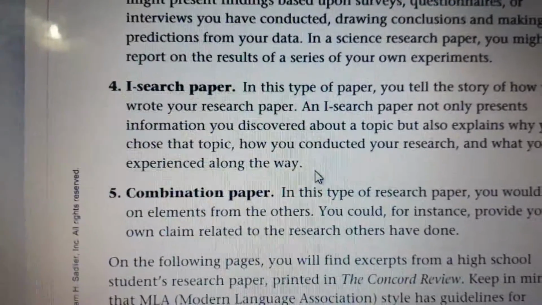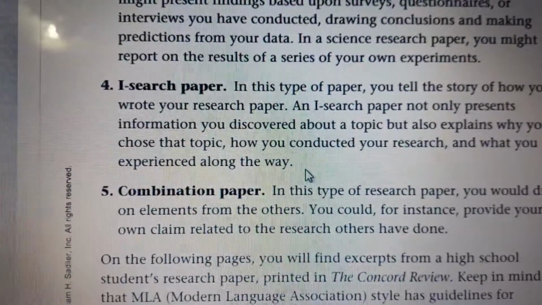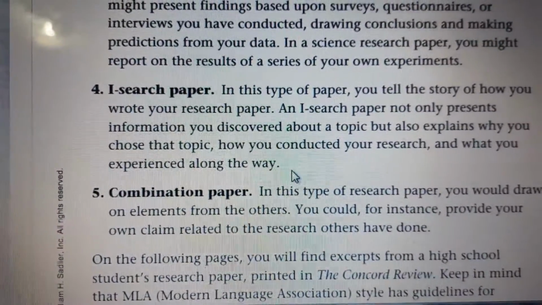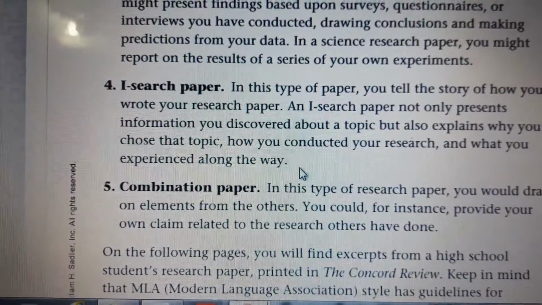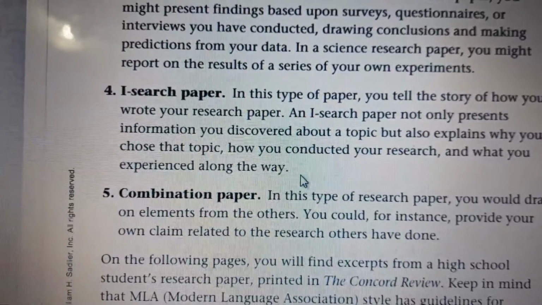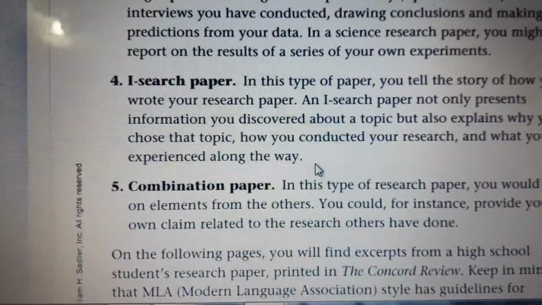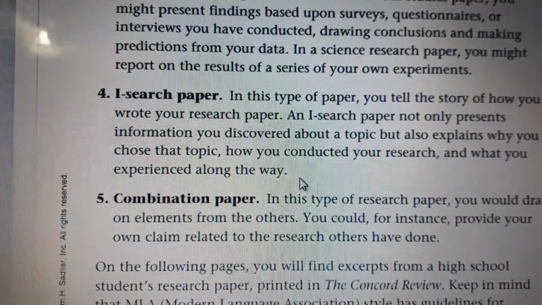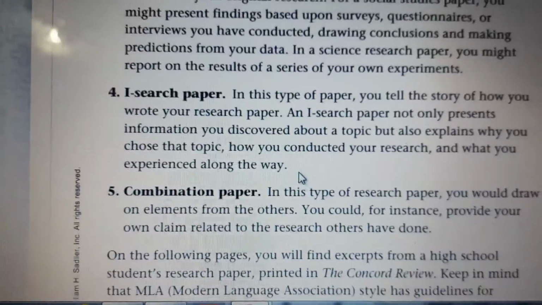Good. Combination paper. In this type of research paper, you would draw on elements from the others. You could, for instance, provide your own claim related to research others have done. Let's say a very famous writer wrote a research paper.